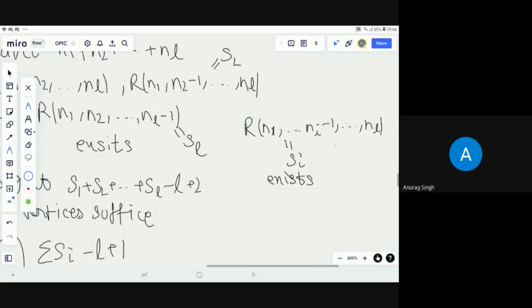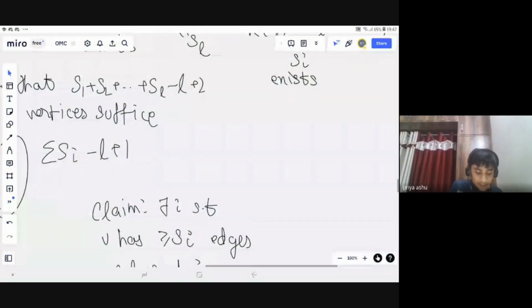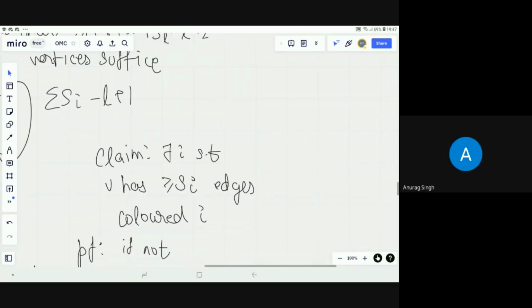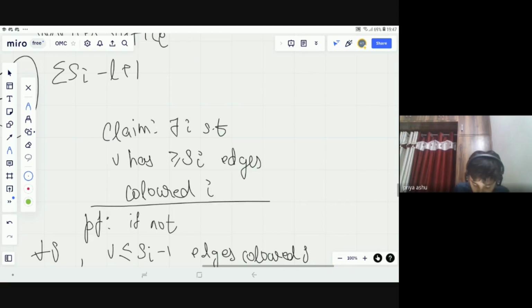I was asking for the proof of the claim. Okay, perfect. So you got that we have sigma SI minus L plus 1 edges. The claim is that there exists an I such that V has at least SI edges colored I. For the previous case, we wanted either at least R of R, B minus 1 red edges, or at least R of R minus 1, B blue edges.